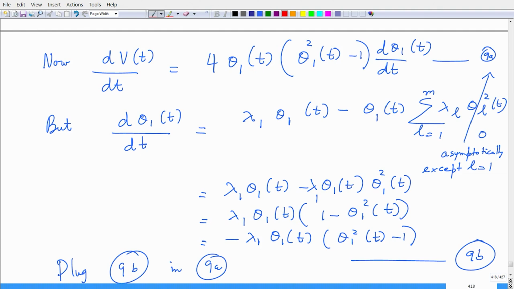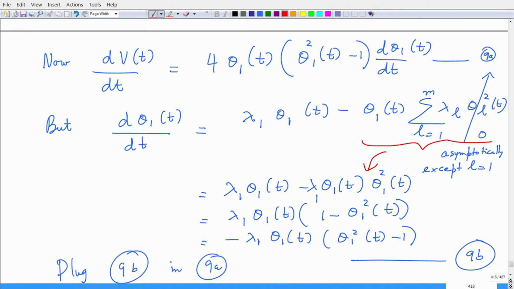So what we get is lambda 1 theta 1 of t minus lambda 1 theta 1 of t times theta 1 square of t, and you simplify all this, you get this final equation, which is minus lambda 1 theta 1 of t times theta 1 square of t minus 1. That is equation 9b in my terminology here.